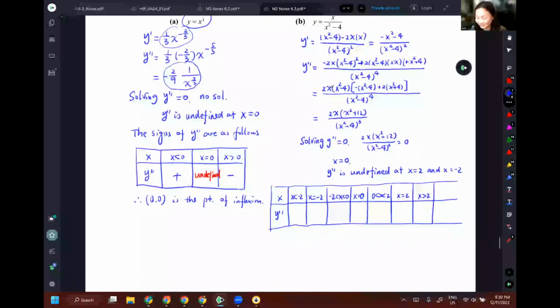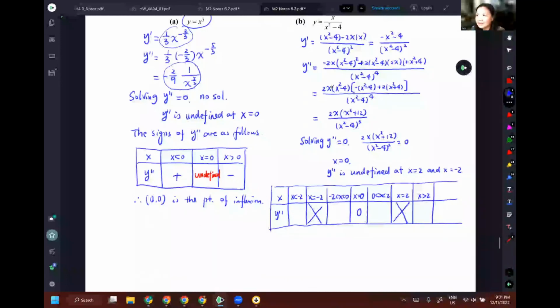You see what I mean? All check. This one 0 and these two undefined. Don't want to write undefined. I will just write a cross, undefined.